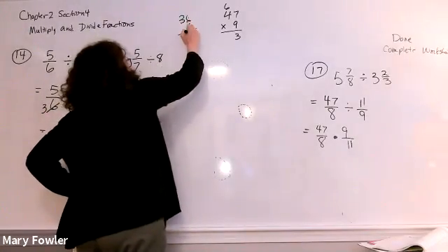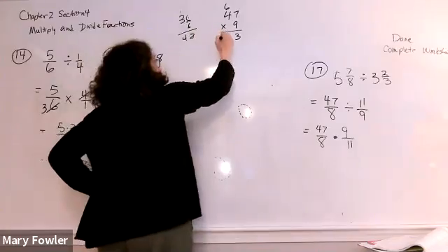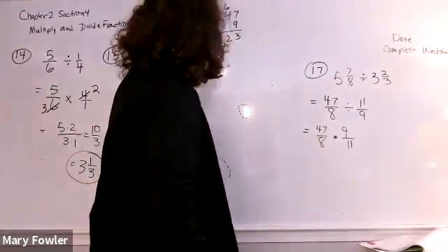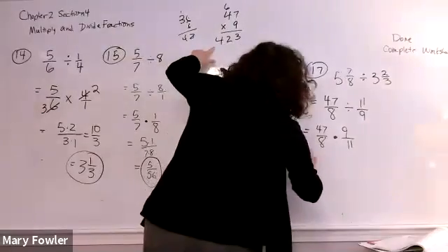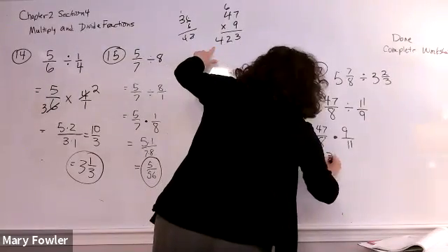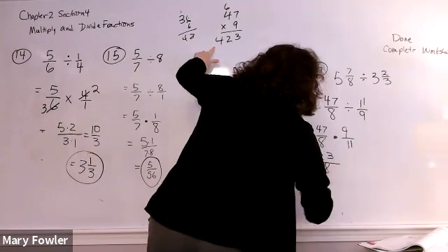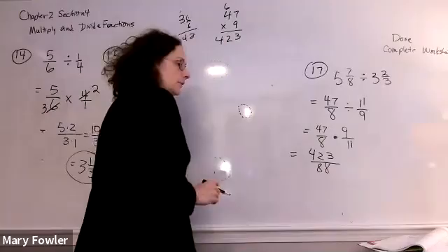And 6, 42. Okay. So we have 423 in my numerator, and 8 times 11 is 88. And that's in my denominator.